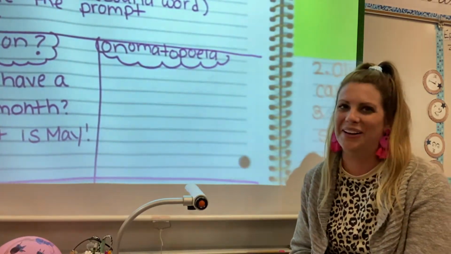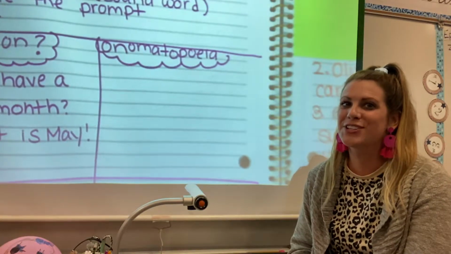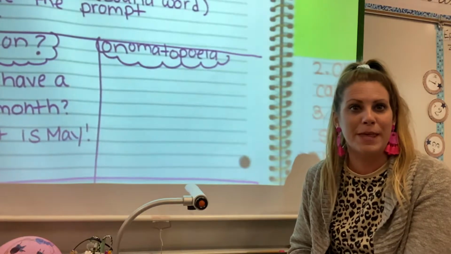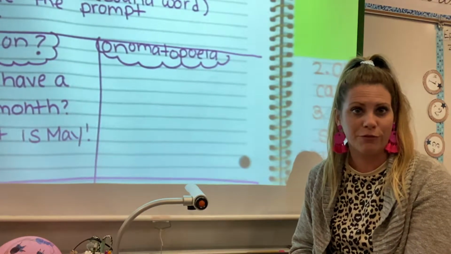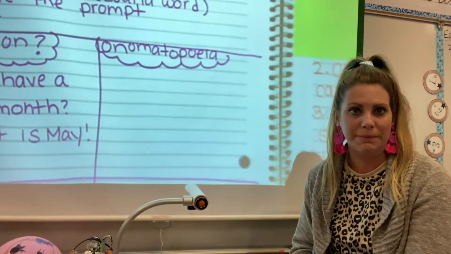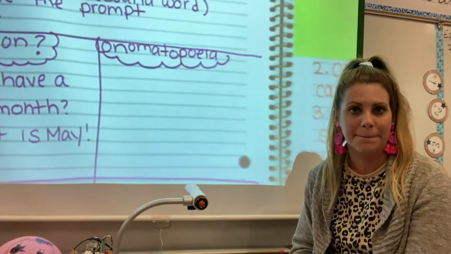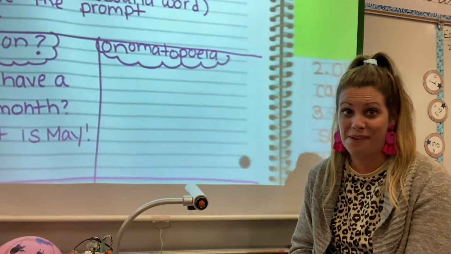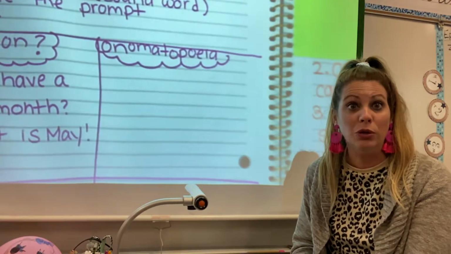So, 4th of July. What is a sound or an onomatopoeia that you might hear on 4th of July? I'll give you a minute to think. Boom, fireworks, sparkle, crack.